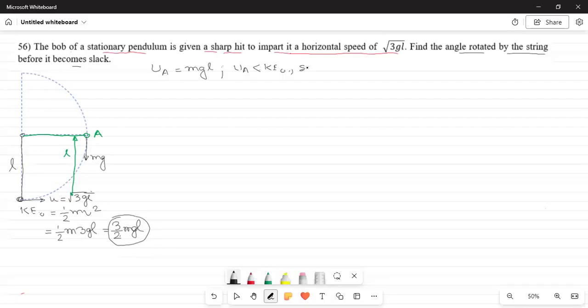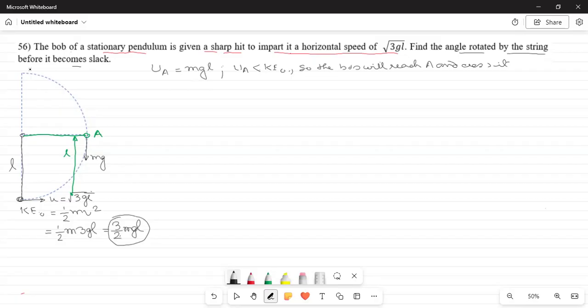Therefore, the bob will reach point A and also cross it, because to come to A it needs only mgL. So still half mgL is available. So it will definitely cross.